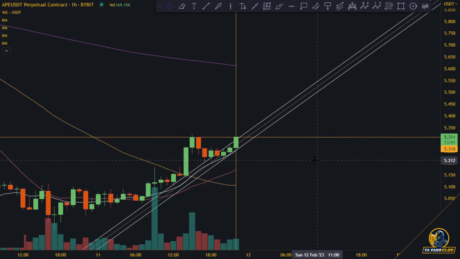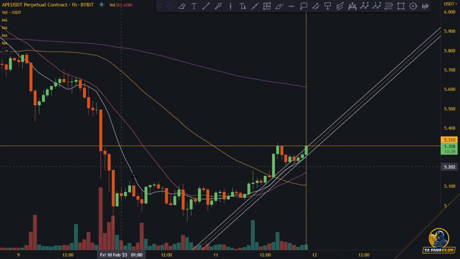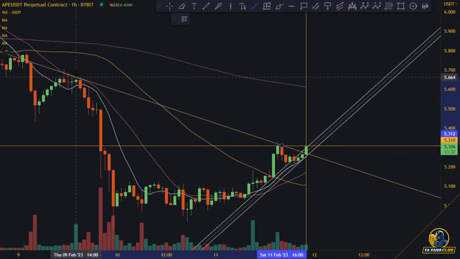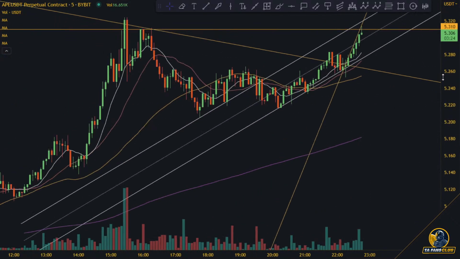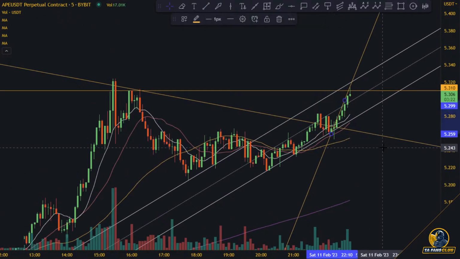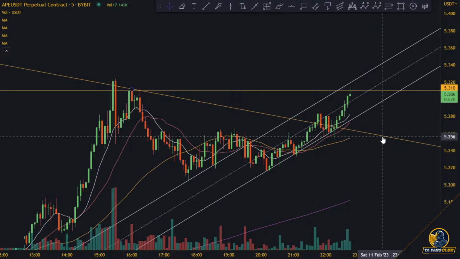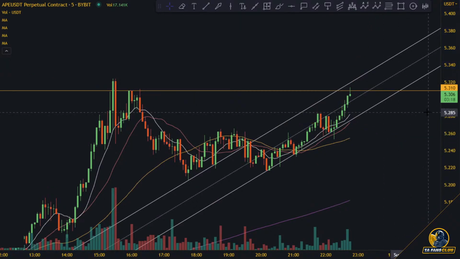There is no handle on the cup and handle. Oh, this one. This is already a break though. Maybe that's why it's pumping. No, we're not touching short on APE again. We short support only. Yeah, we short only support.